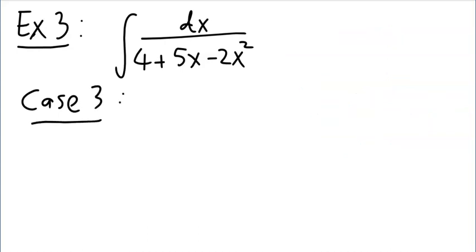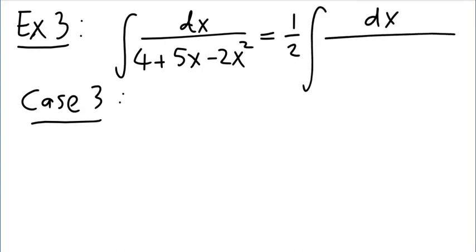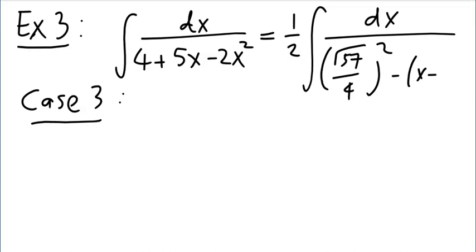By rewriting this in the completing the square form, you get 1 over 2 dx over square root 57 over 4 squared minus x minus 5 over 4 squared.